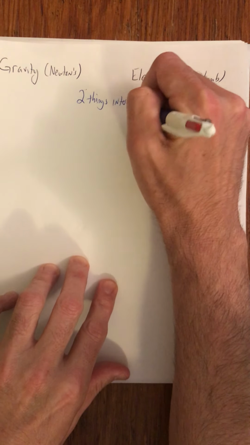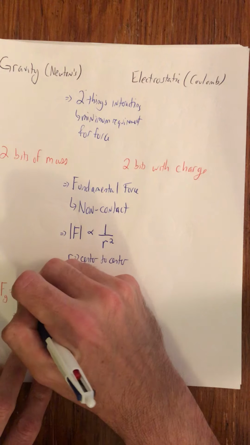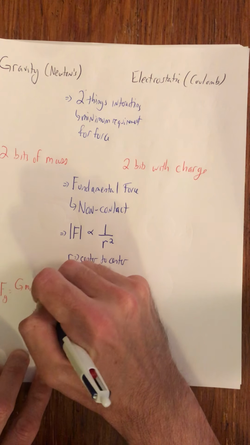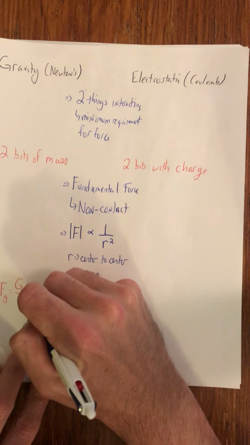So that's a hugely important feature about them, right? And that's going to be the reason why the equations look very similar to one another. In fact, why don't we write down those two equations now? Because they're slightly similar, slightly different. So here we go. The gravitational force is big G, mass 1, mass 2, over r squared.